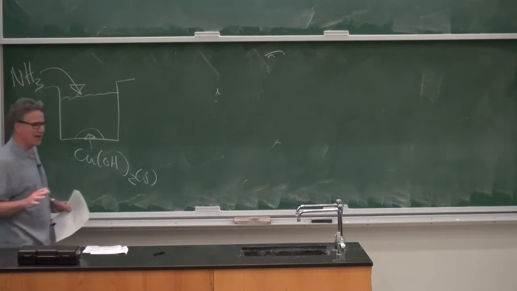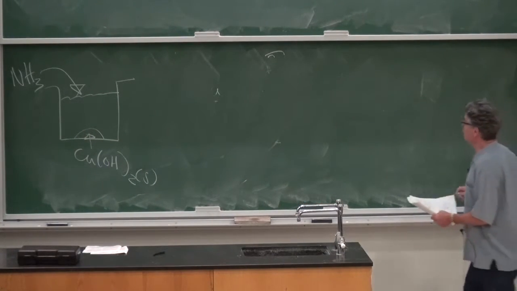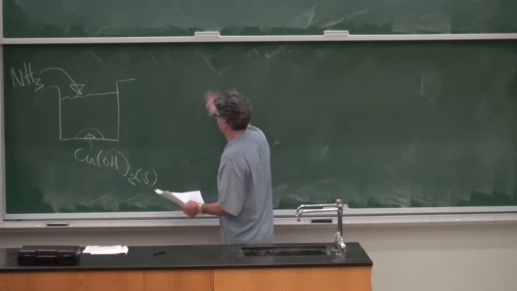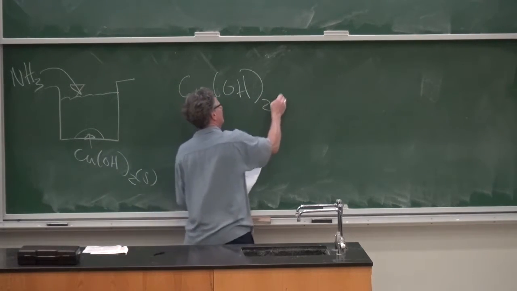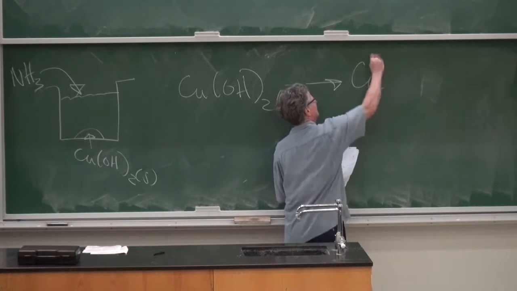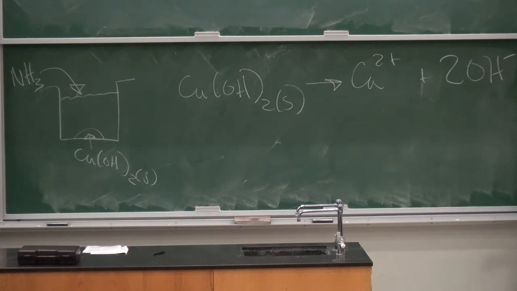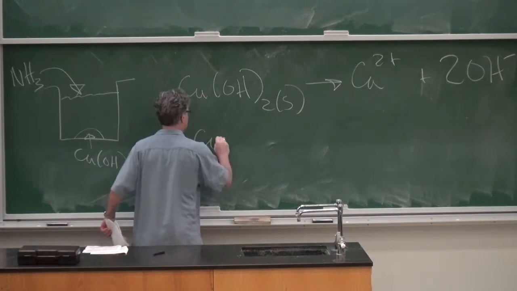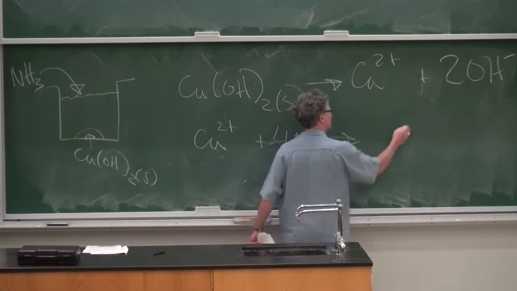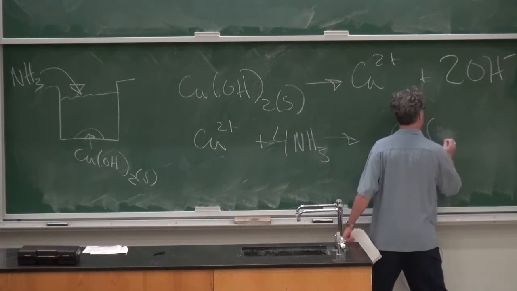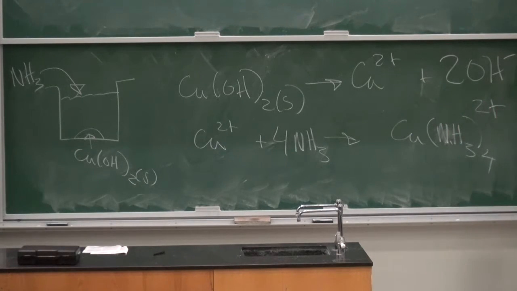Well, the principle of Le Chatelier again raises its beautiful head here, because we'll take the KSP reaction first. But if we have ammonia, what does Le Chatelier say here?